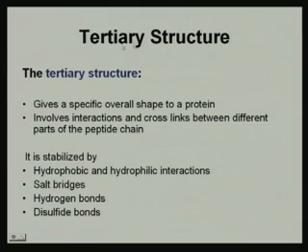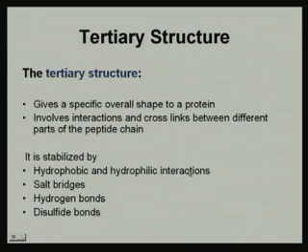Now this is the tertiary structure of the protein molecule. When we are talking about the tertiary structure, it gives the specific or overall shape to a protein that involves the interaction and cross links between the different parts of the peptide chain.